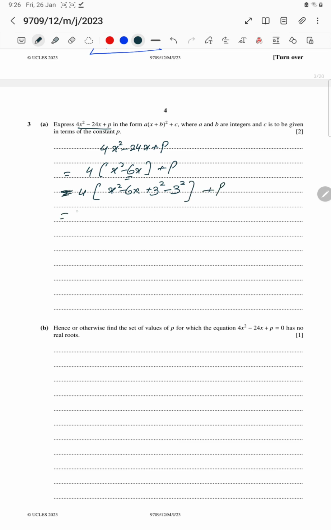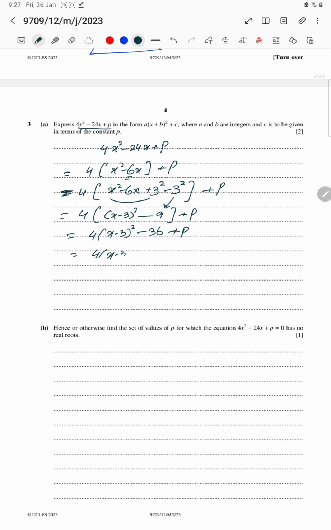So here we will see what we will get. We'll get 4, and these terms will be (x minus 3) whole square, and this minus 9 plus p. We will expand it: 4 times (x minus 3) whole square minus 36 plus p.